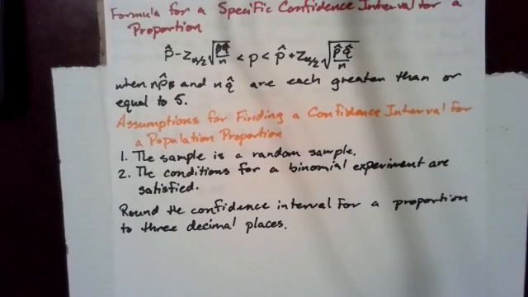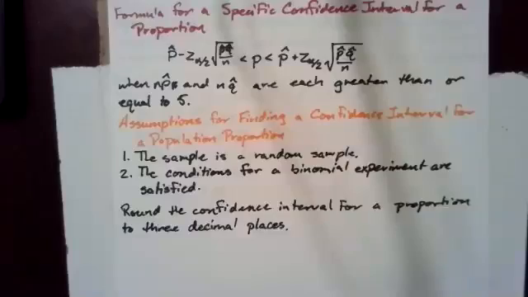Assumptions for finding a confidence interval for a population proportion. First, the sample is a random sample, and second, the conditions for a binomial experiment are satisfied. To remind yourself of those conditions, see Chapter 5. Round the confidence interval for a proportion to 3 decimal places.